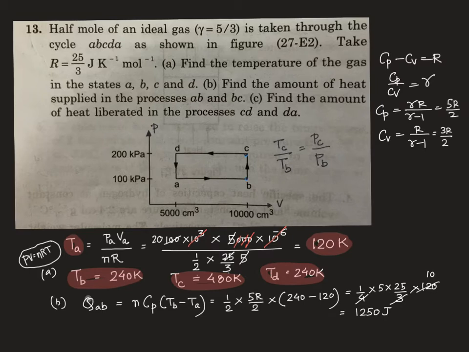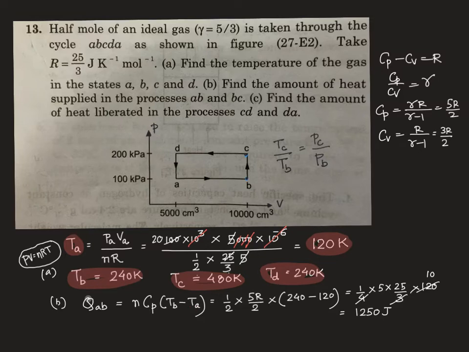So A to B is a constant pressure process, B to C is a constant volume process, C to D is again a constant pressure process, and D to A is again a constant volume process. In a constant pressure process, heat is equal to n into Cp, the molar specific heat at constant pressure, into the difference in temperature, TB minus TA.